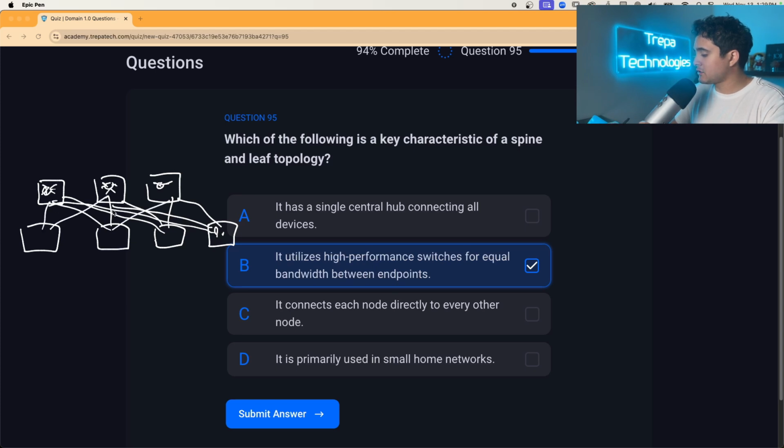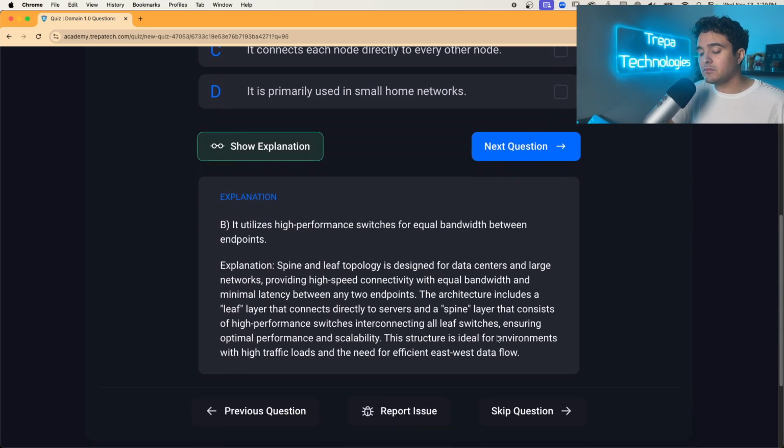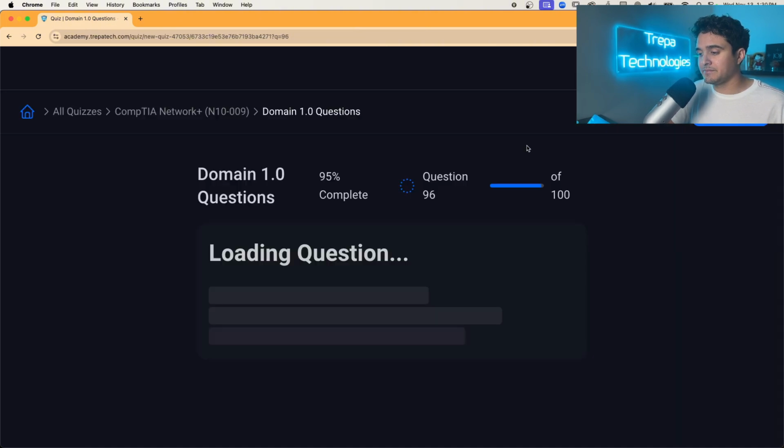So that means for our leaf switches, we're always one hop away from each other, but doesn't mean we're directly connected to each other. That's not how a spine and leaf works. We don't have that direct connection between the leaf switches. So what the answer actually is here is B. It utilizes high performance switches for equal bandwidth between endpoints and also equal latency and things like that. Go ahead and pause the video if you'd like to read the explanation.